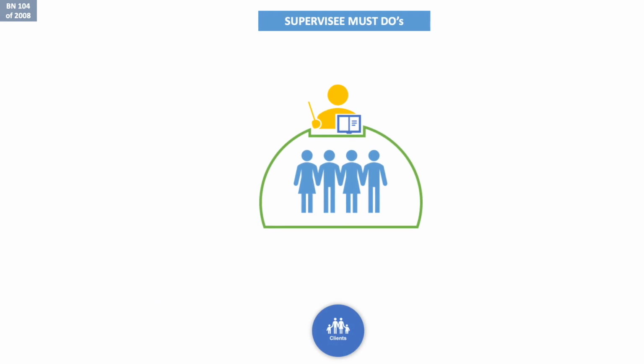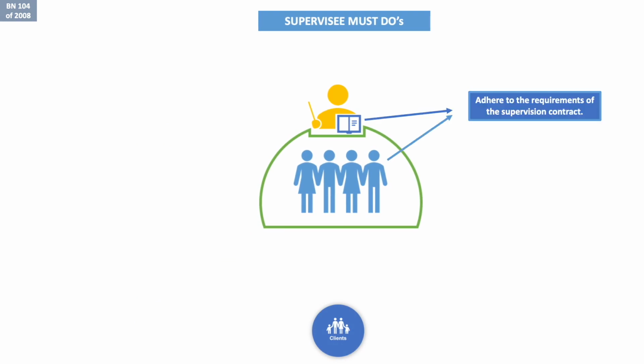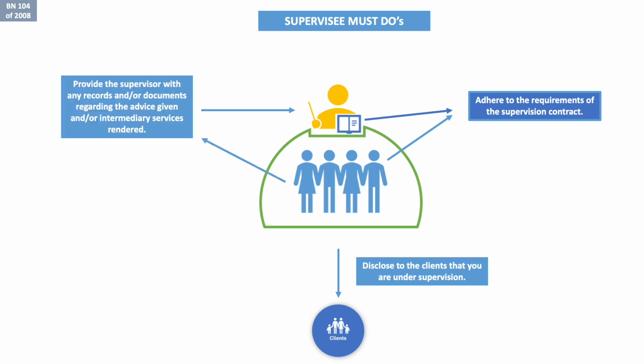What the representative under supervision must do. The representative must adhere to the requirements of the supervision contract. The representative must disclose to the clients that they are working under supervision. The representative is to provide the supervisor with any records and/or documents regarding the advice given and/or intermediary services rendered.